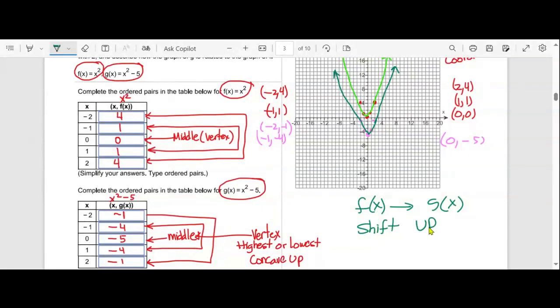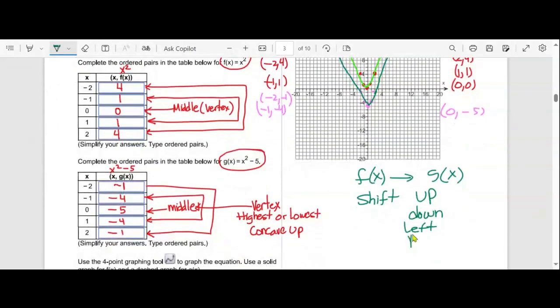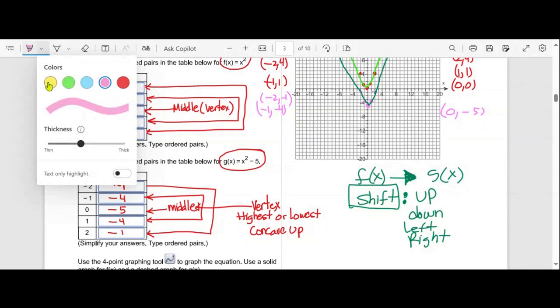Is it a shift up or down, or left and right? What do you think? Anyone? Up 4 units.